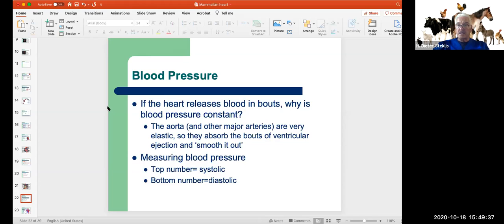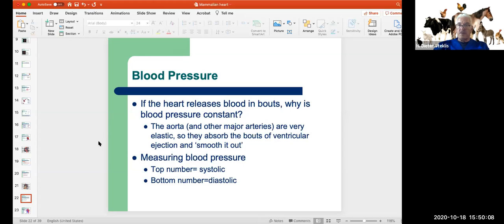These vessels are very elastic, and they can constrict and relax in response to ventricular ejection, the ventricular pushing of blood. You kind of smooth it out so that your blood pressure stays constant. That's a simple way to maintain an even blood pressure.